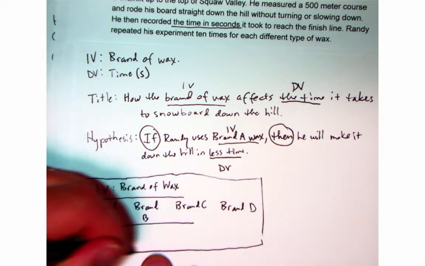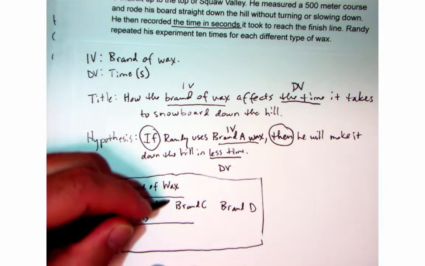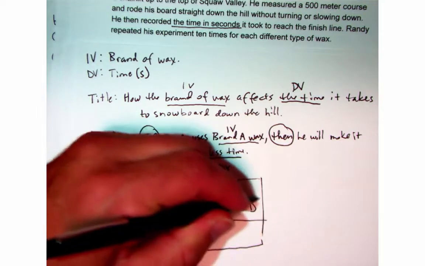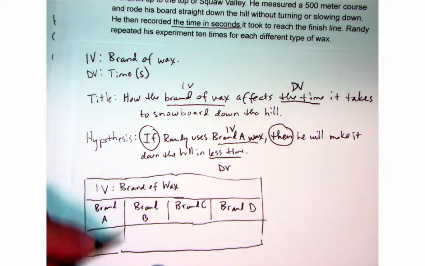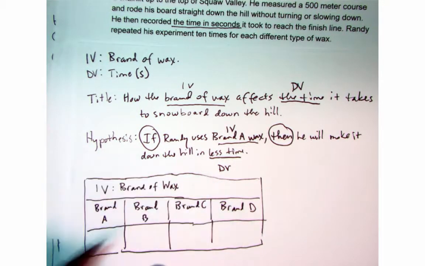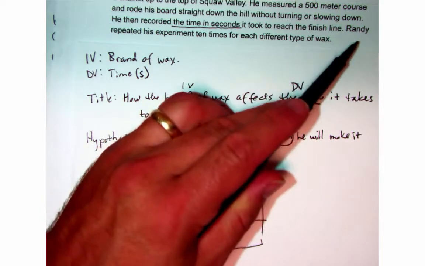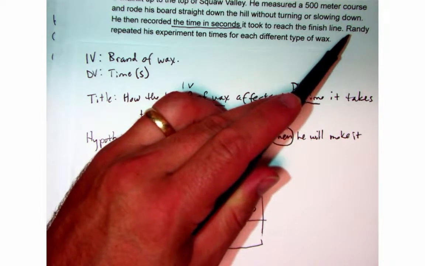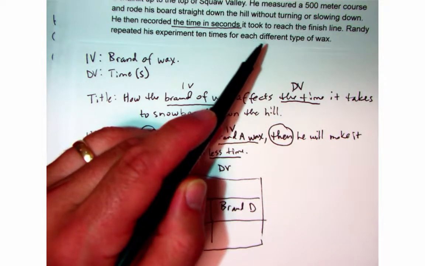And those 4 different levels will tell me how big to make my table. Okay? Since there are 4 different levels, it's going to have 4 columns. All right? And then the last row here, I want to say how many trials I do of each one. Well, if I look up here at the last line of the experiment, it says Randy repeated his experiment 10 times for each different type of wax.